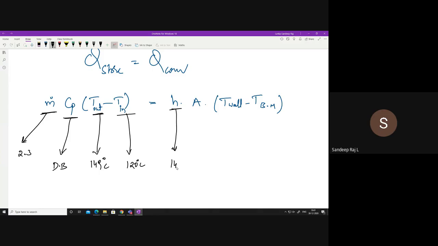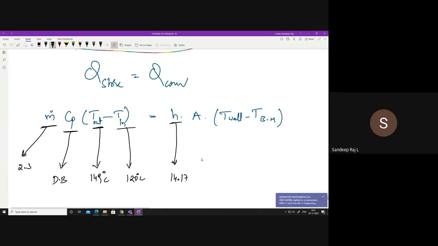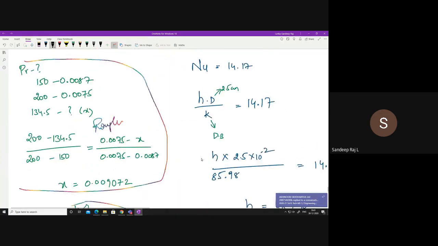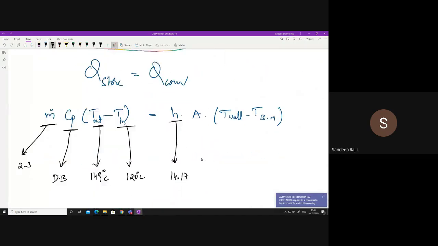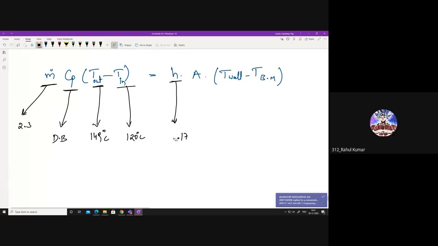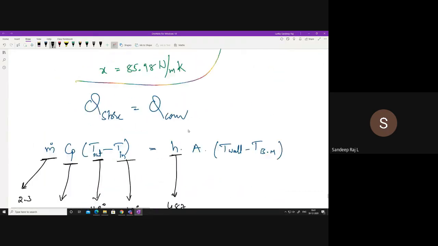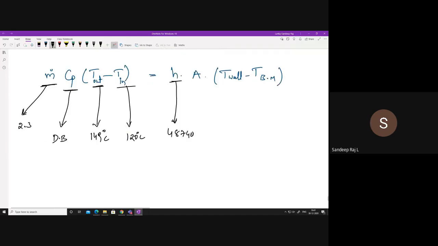The H value is 48740.38 watt per meter square Kelvin. And then A, what is A here?